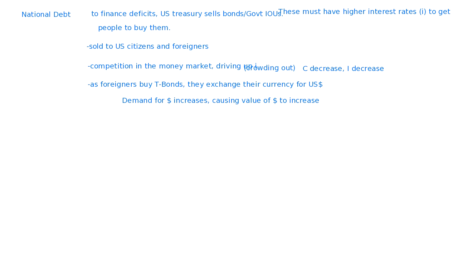So when you have imports increasing and exports decreasing, what that leads to is a higher trade deficit. Okay, and you know that that's also bad for GDP.